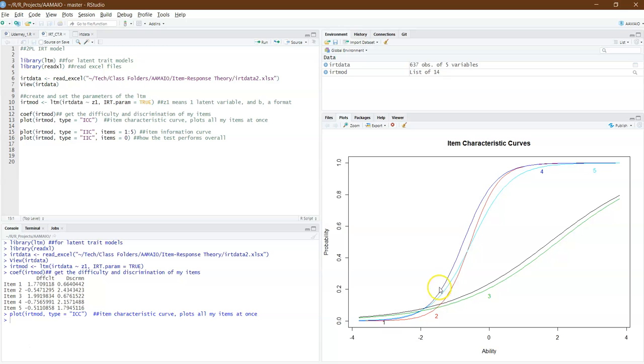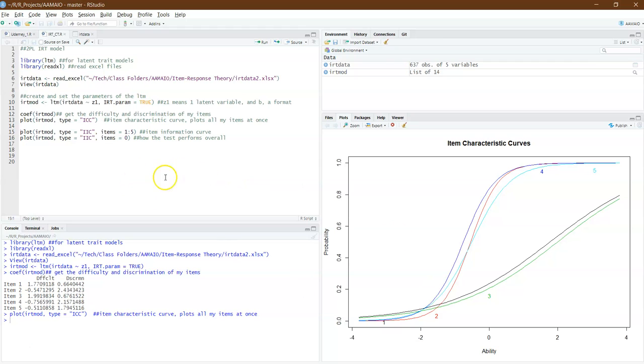Items 2, 4, and 5 need to be reworked. What I'd like to see are these curves be farther apart so that we have a range of measurement here. That is what it would indicate if they were separated. I do like the steep slopes.